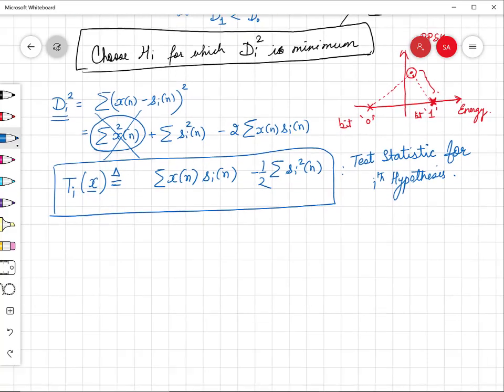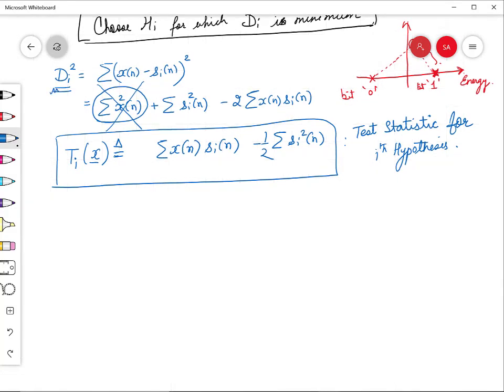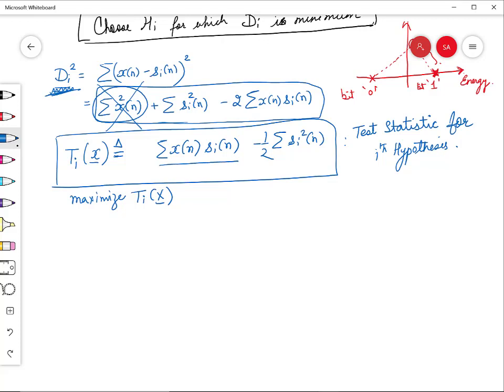What it says is that either you find the d_i squared to be minimal, or you try to maximize T_i of x. You can see I have multiplied this particular equation by minus 1, so therefore this becomes plus and this becomes minus. So I can say: choose H_i for which T_i of x is maximized.